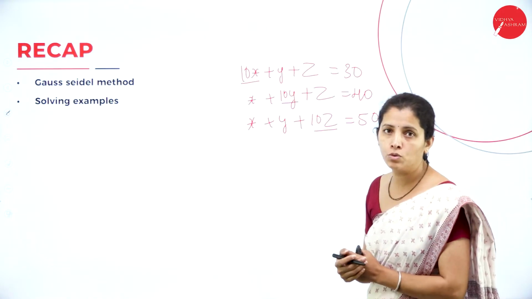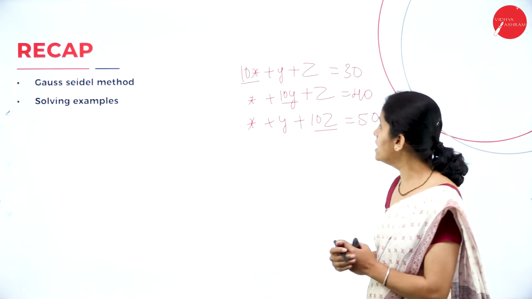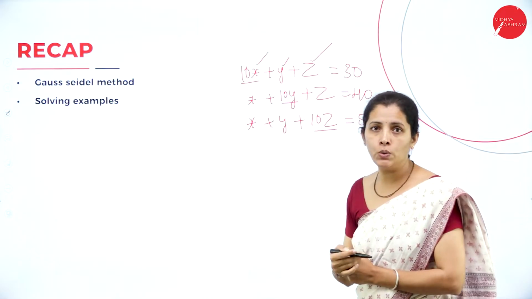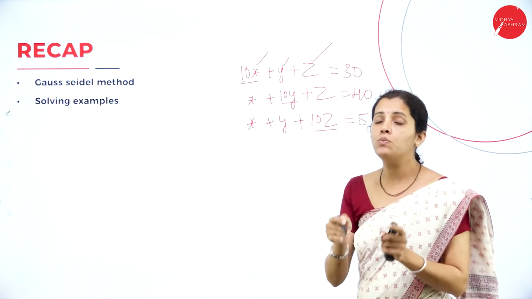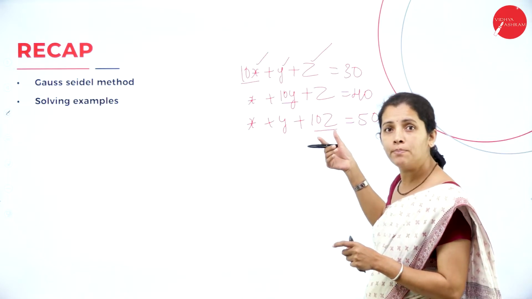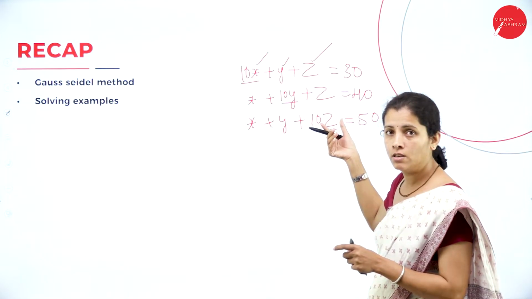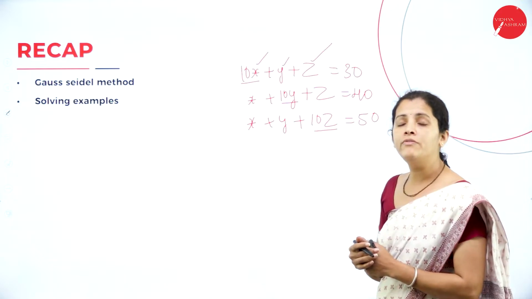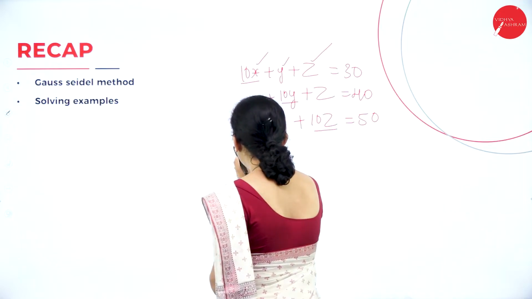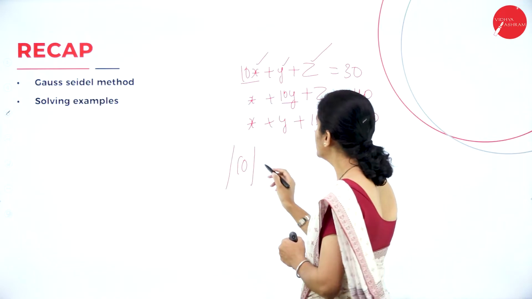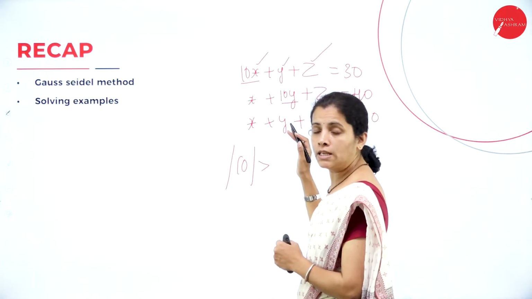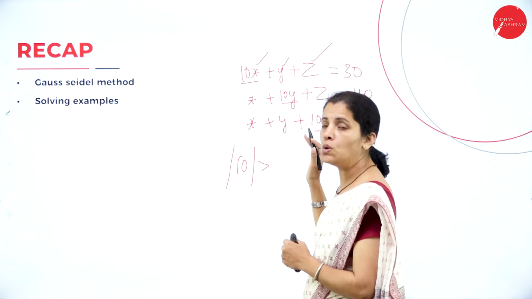What I want to do? I want to find the x value, y value and z value. To find out x, y and z value, I want to simplify this equation. So what I want to do? First, I want to check that whatever the coefficient of x I have, that must be greater than the summation of the remaining 2 coefficients.